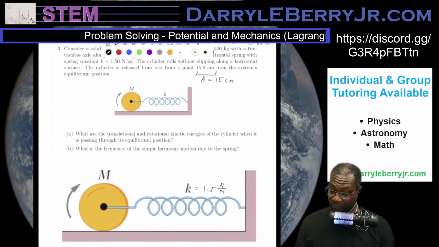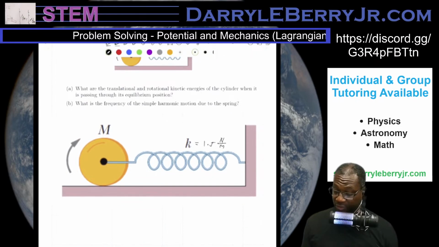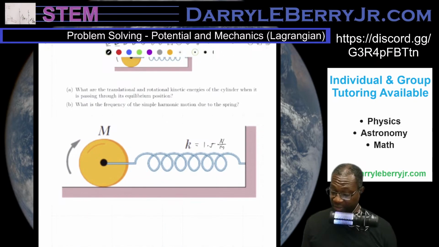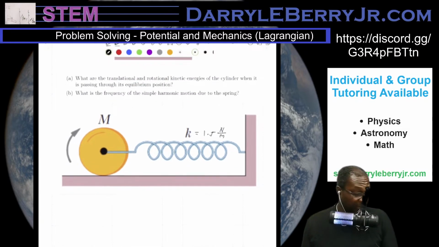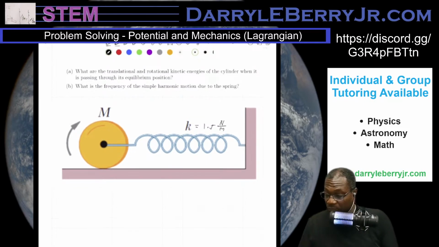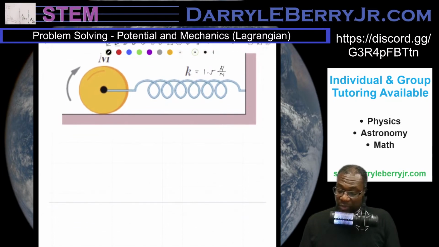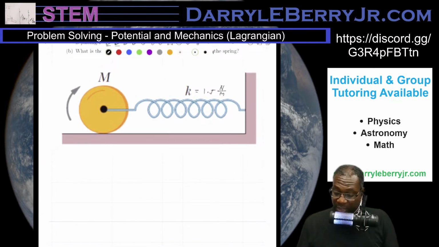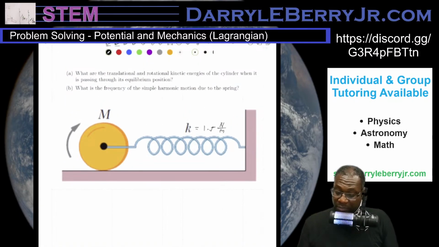All right. So translational and rotational kinetic energies of the cylinder when it is passing through the equilibrium position. So what we consider is that this object has these two kinetic energies.